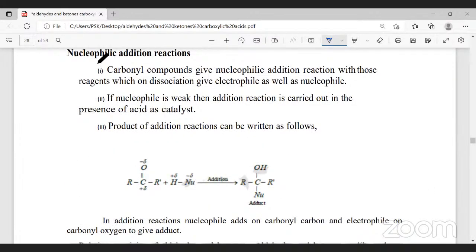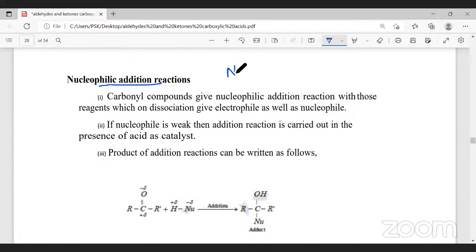And the first one is nucleophilic addition reaction. What is a nucleophile? A nucleophile is an electron-rich group. Electron-rich groups are called nucleophiles.